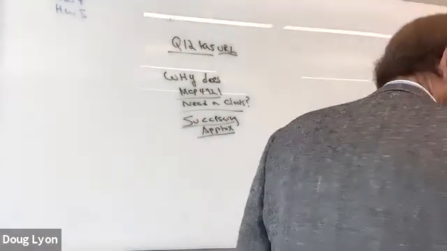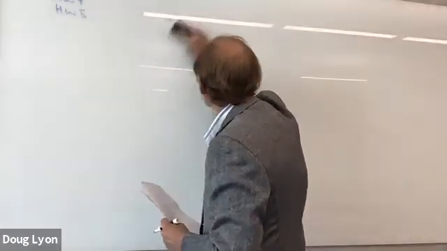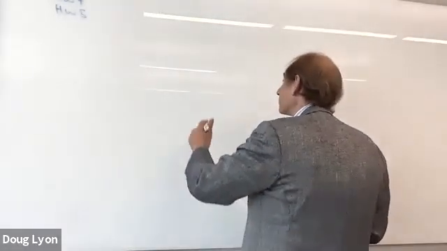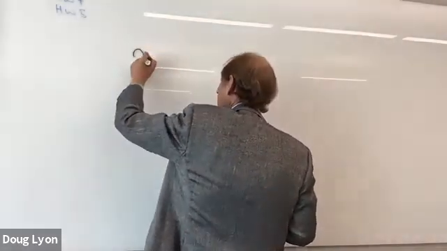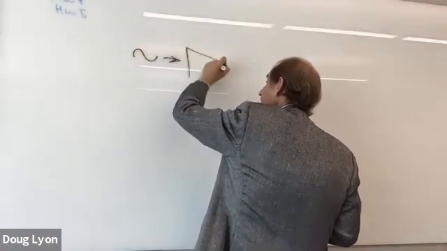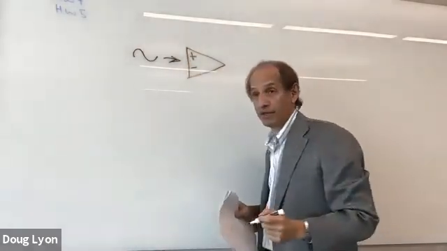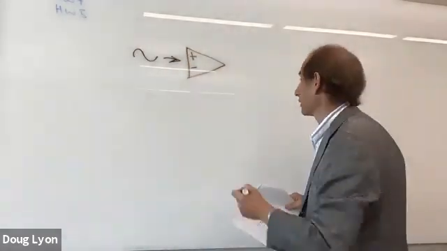Let's take a look at the anatomy of the successive approximation DAC again. I know we did this once before, but I think it makes sense for us to look at it again. What happens is you've got an analog signal coming in, and it goes into an op amp. The op amp compares the analog signal against another signal.